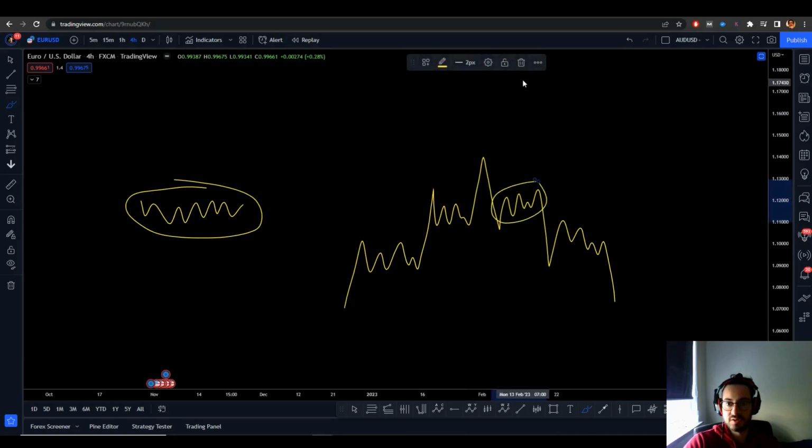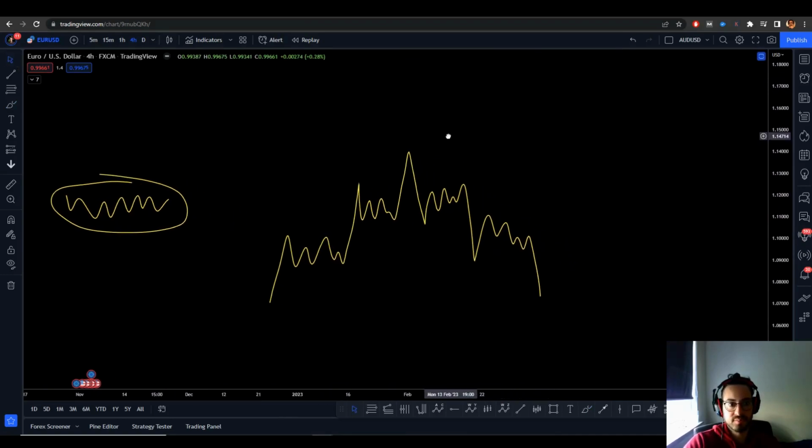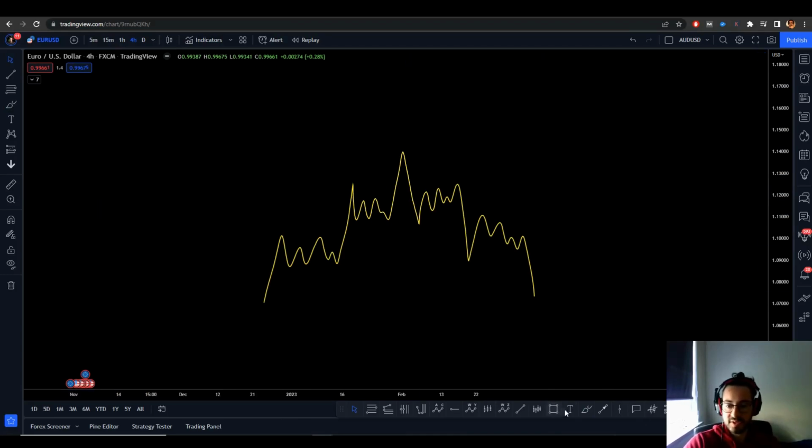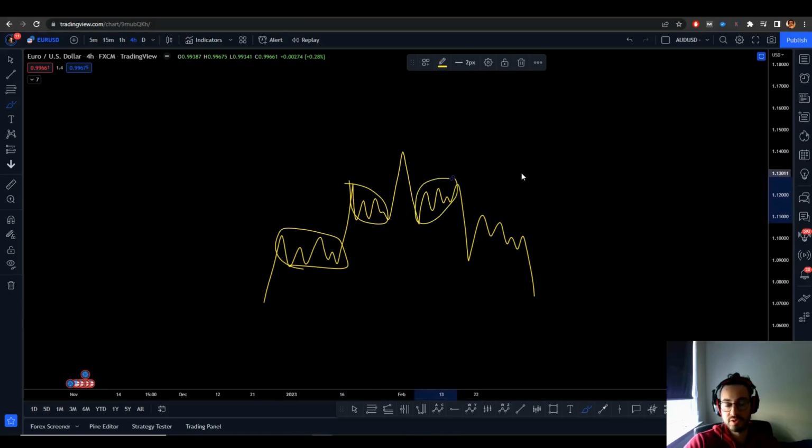This is a consolidation or correction, etc. But in the case of accumulation and distribution, this here would be an accumulation, this here would be an accumulation, and this here would be a distribution. So a correction or a consolidation is fundamentally either a distribution or an accumulation.